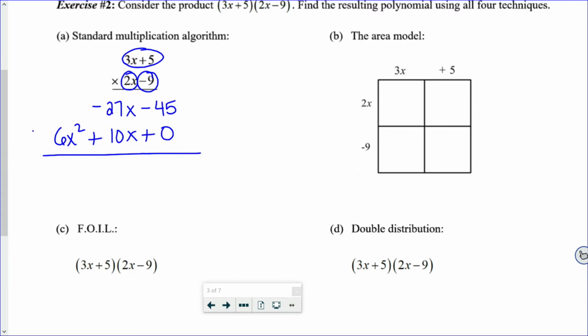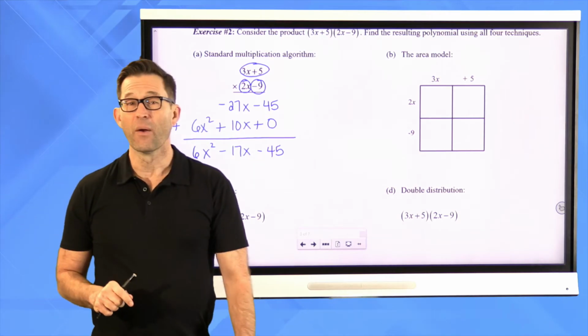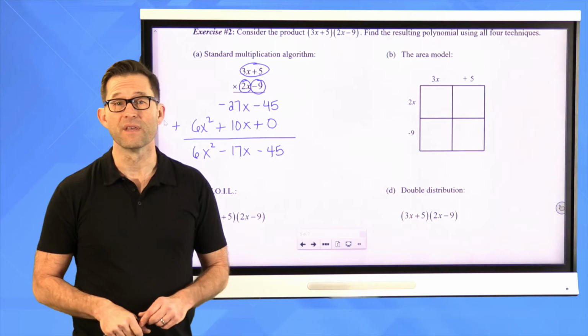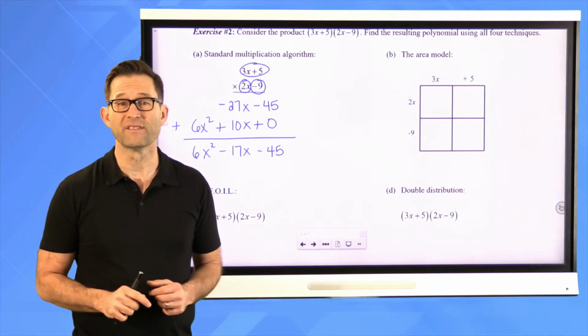I now add these two together just like in the standard multiplication algorithm. -45 plus 0 is -45. -27x plus 10x is -17x, and 6x² plus 0 is 6x². We're going to get 6x² - 17x - 45 on every one of these, but again, we just want to see the technique.